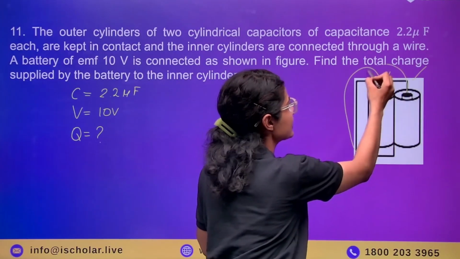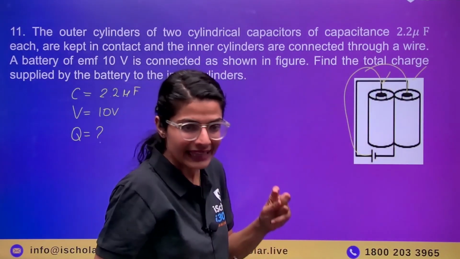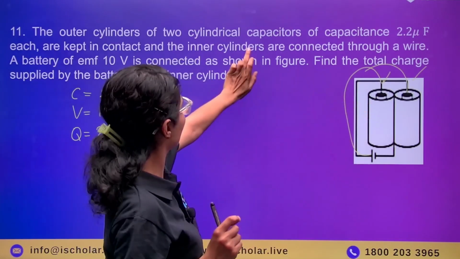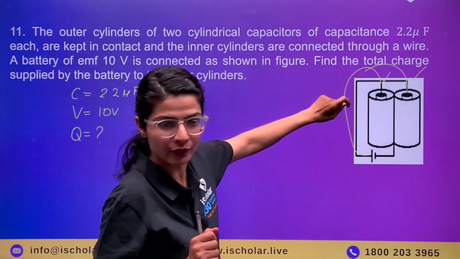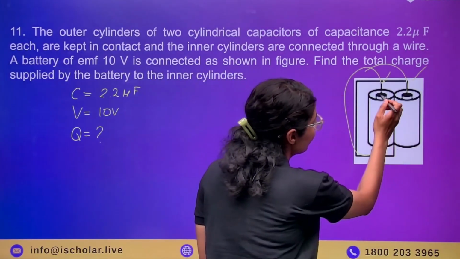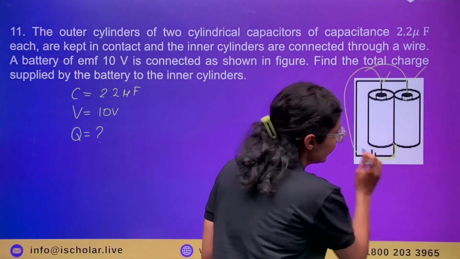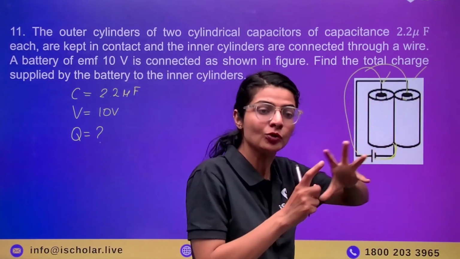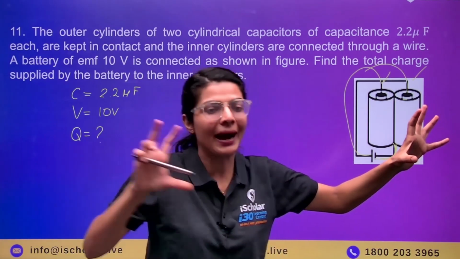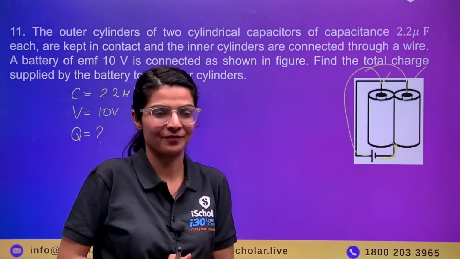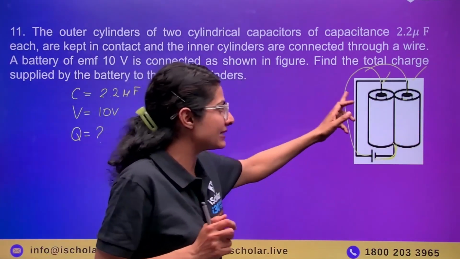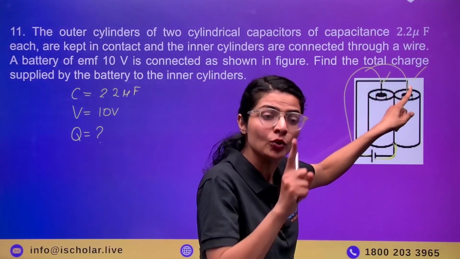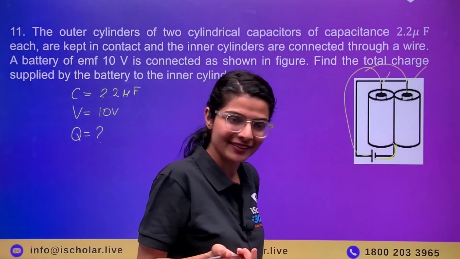The outer part of both capacitors is connected to the higher potential V, while their inner part is also connected by the same wire. Can I say that the outer part is connected to one potential while the inner part is connected to another potential? Can we say that it is in parallel? Because both of the parts are connected to the same potential, right?